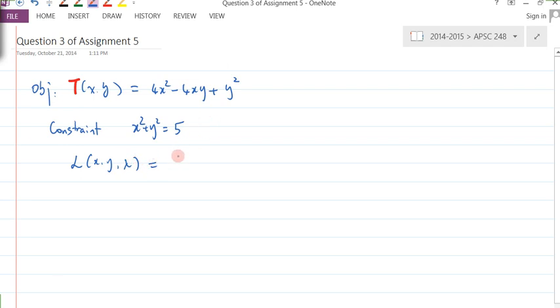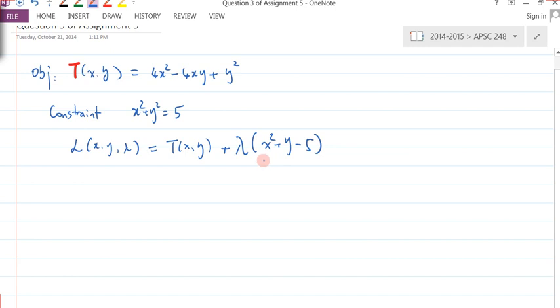The function is formed by this T(x, y) plus lambda times the constraint. The Lagrange multiplier is the lambda here. And with the first derivative test to find the stationary point, we need to calculate the gradient of L to be 0.